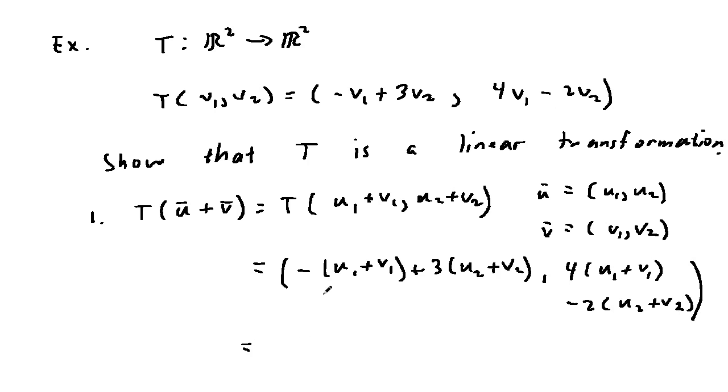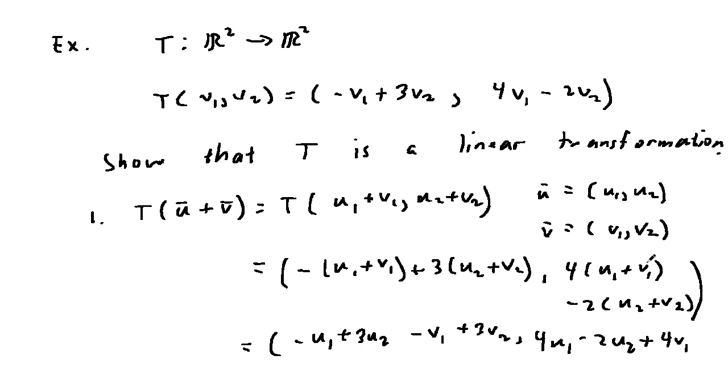Okay, so now let's distribute this negative sign. And so we get negative u1 minus v1. Let's distribute the 3. So we get 3u2 and 3v2. Here let's do the same thing, just rearranging a little bit. That's 4u1 minus 2u2 from here, plus 4v1 minus 2v2.